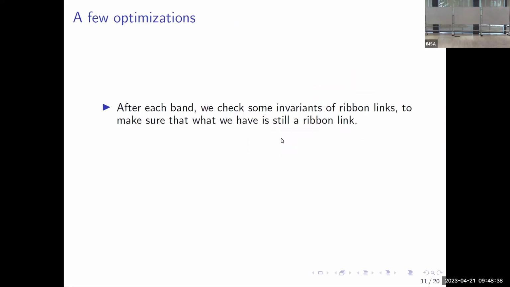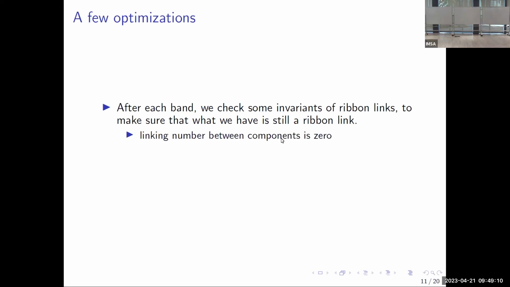Each time you've added one band, there are some things you can check, because if you want to have a hope that subsequent bands can take you to the unlink, then there are some conditions. Well, there's really one condition, which is that the link you obtained after one band is supposed to be a ribbon link, a link that is concordant to the unlink. There are a whole bunch of conditions we can check.